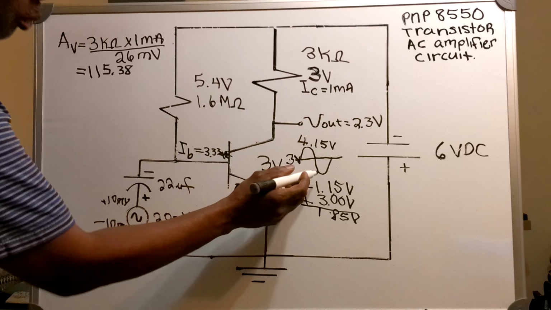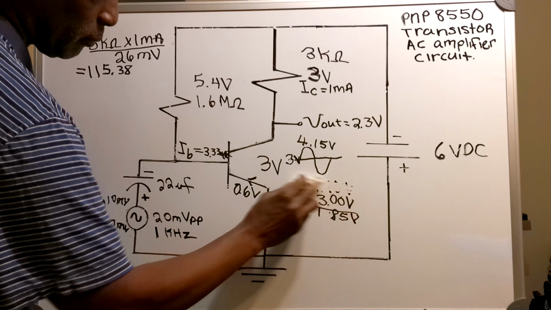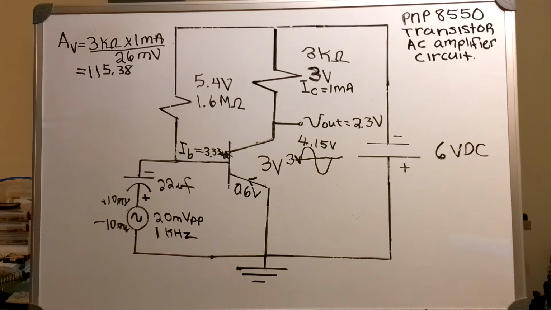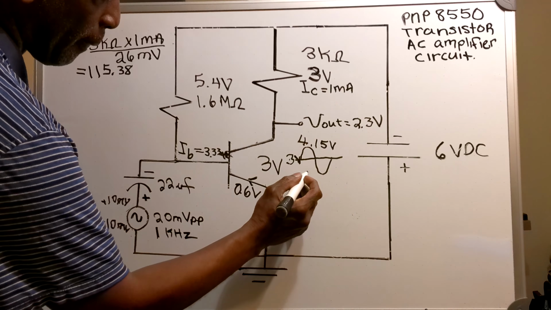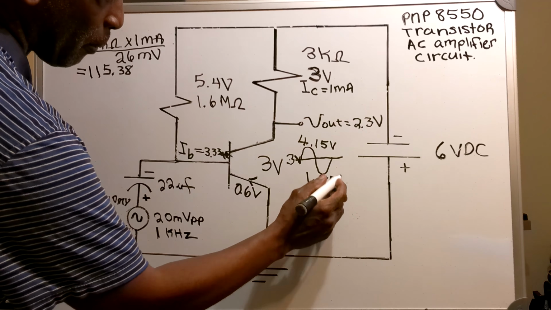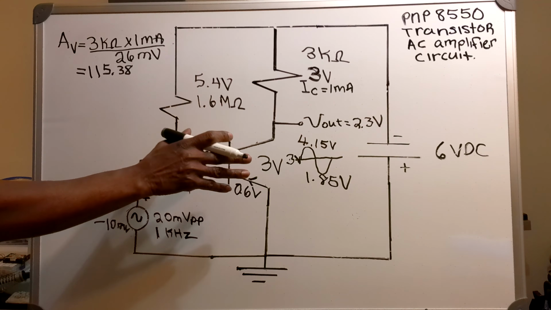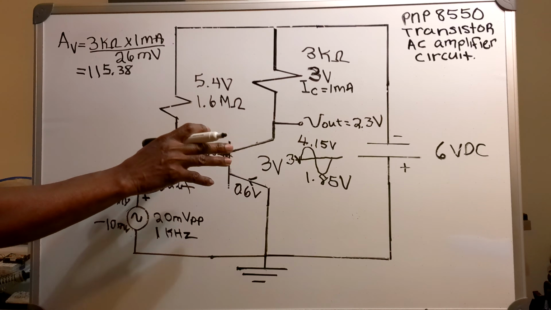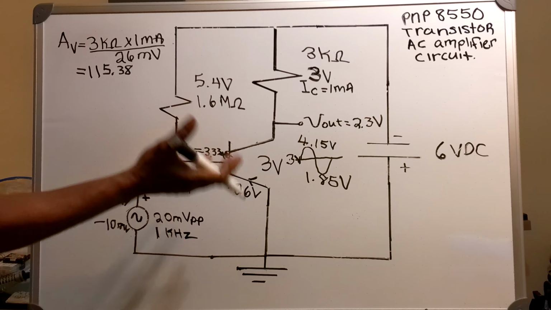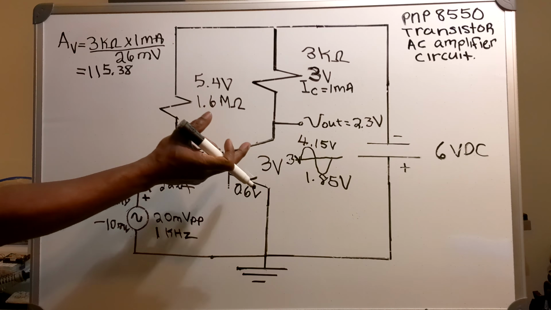And that will give me 1.85 volts at the bottom. And so what has happened is that the signal not only has increased in magnitude, but it's also been raised up by 3 volts.